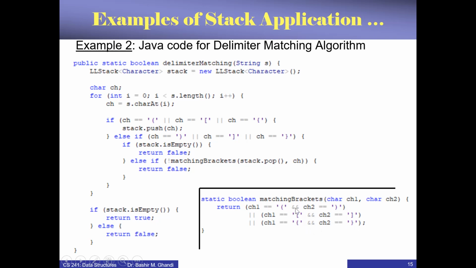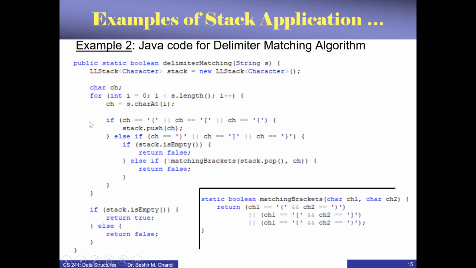In any of these cases, we return true, otherwise we return false. So this is how our method will check if the left and the right match. If they do not match, return false.